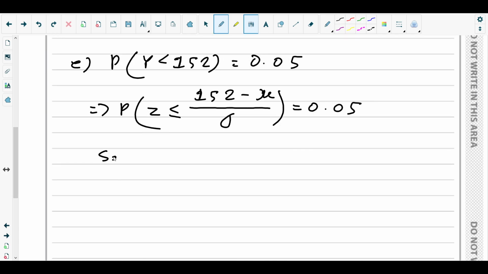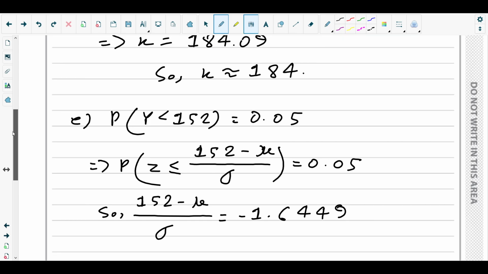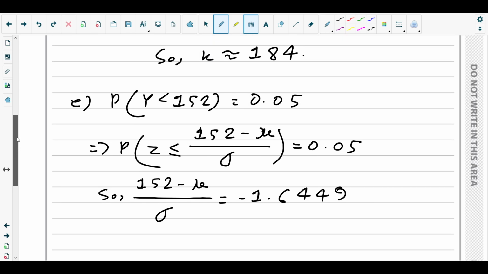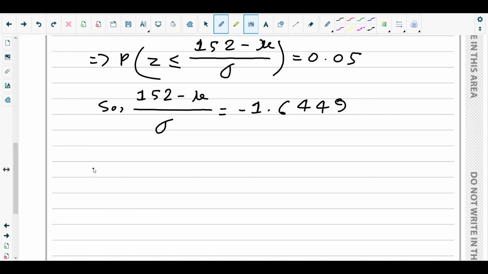So what we can write, 152 minus the mean over the sigma, this is negative 1.6449. So we need to find out the mean and the standard deviation.